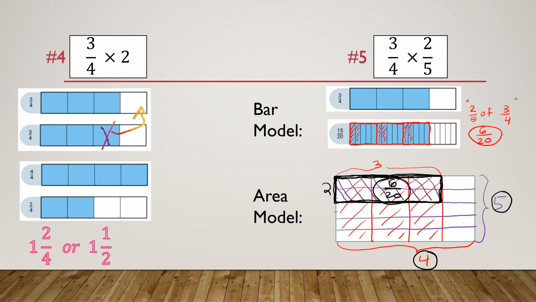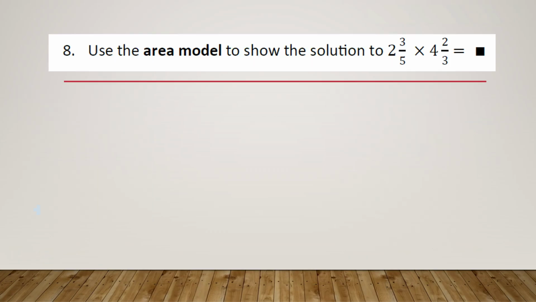Now, we're going to go ahead and extend this multiplication with fractions larger than 1, or we say mixed numbers. For example, 2 and 3/5 multiplied by 4 and 2/3, right?